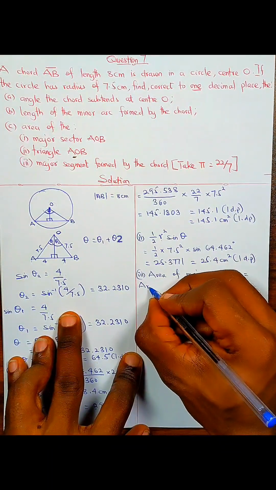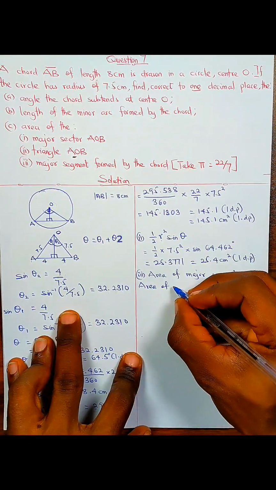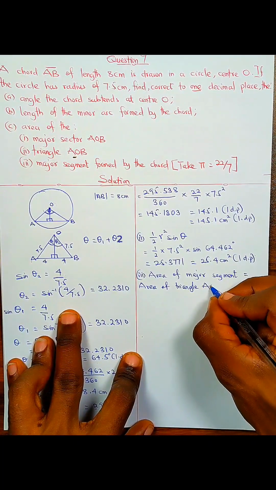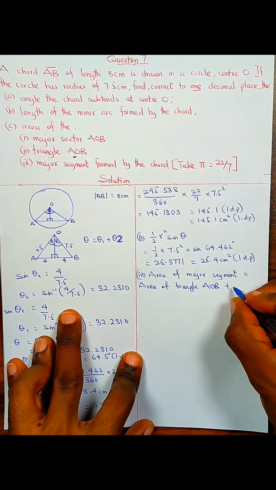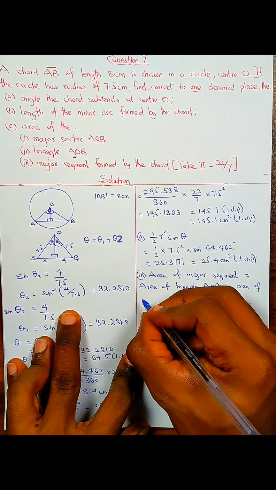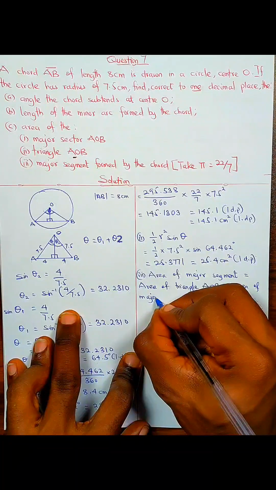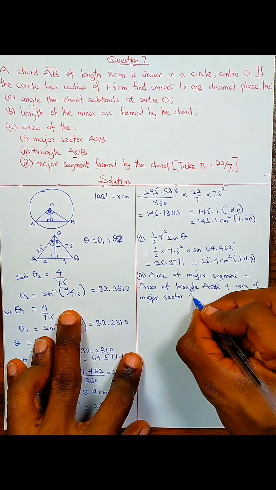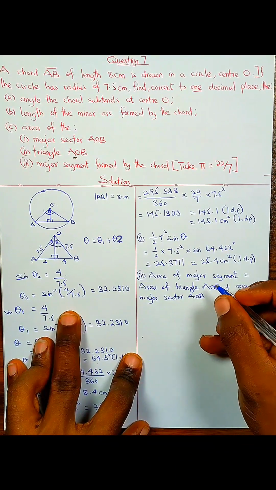So area of triangle AOB plus area of major sector AOB.